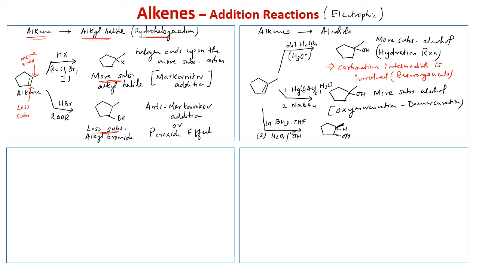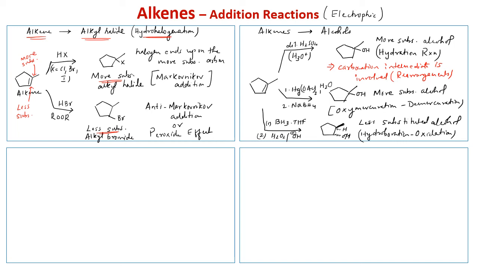Okay, so this is a hydroboration oxidation reaction, and it gives us the less substituted alcohol as a product. So what we're seeing here is starting from the alkene, we can go to the more substituted alcohol, or we can go to the less substituted alcohol, again by choice of the reagent.